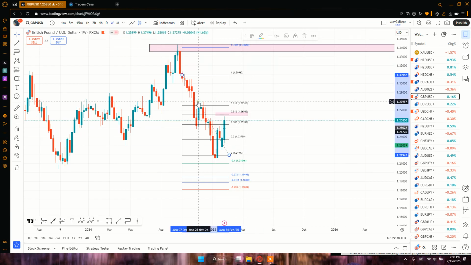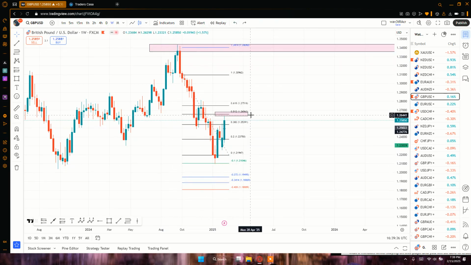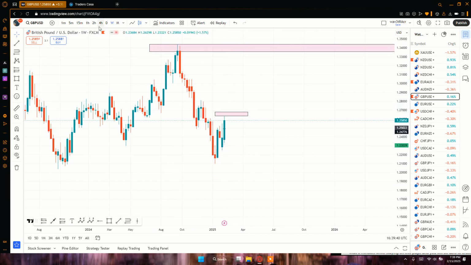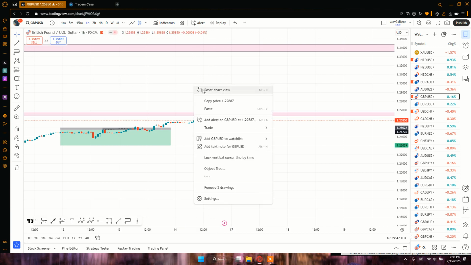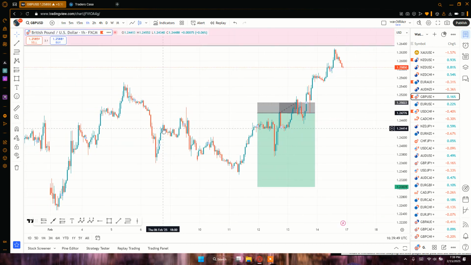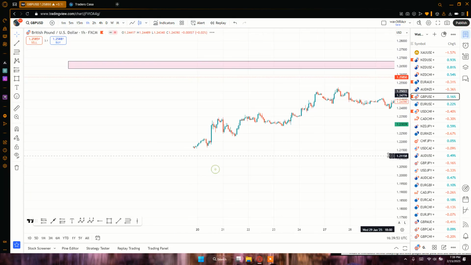I'm short in the coming week on GBP USD on approximately 0.5, which is among this zone which I've marked here. So I'm going to the lower time frame to look at the potential support and resistance areas, or we can say the liquidity regions.